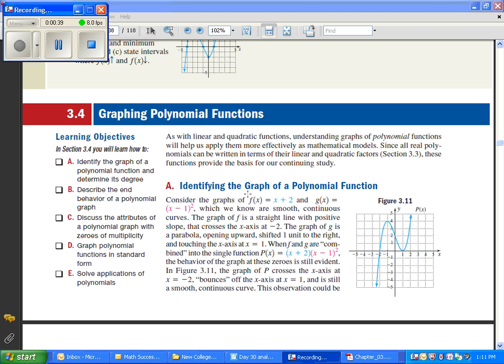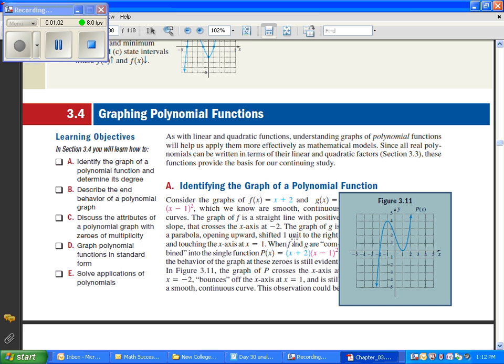If you look at the graph of f of x equals x plus 2, you get a graph that starts at 2 and goes up 1 over 1. How many times does it cross the x-axis? One time. It has only one root. The other equation they have here is consider the graph g of x equals x minus 1 squared.